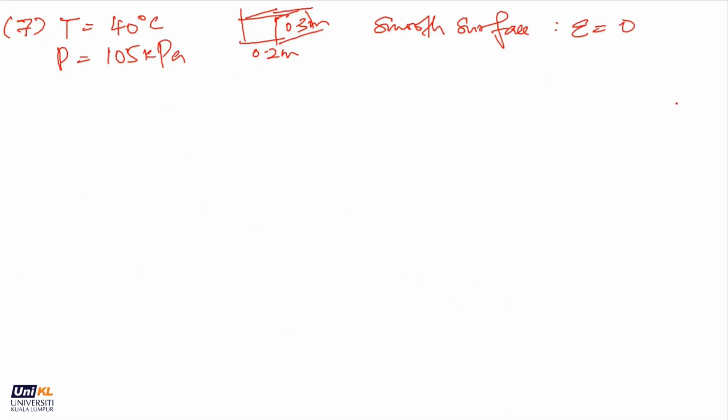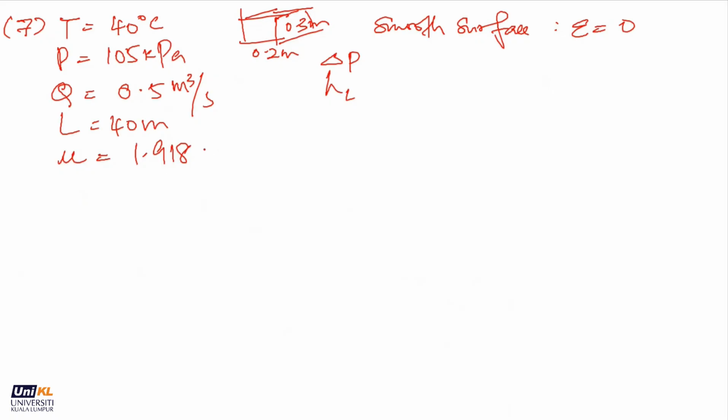At a rate of 0.5 meter cube per second, determine the pressure drop and heat loss through a 40 meter long section of the duct, L is 40 meter, with the viscosity 1.918 times 10 negative 5.